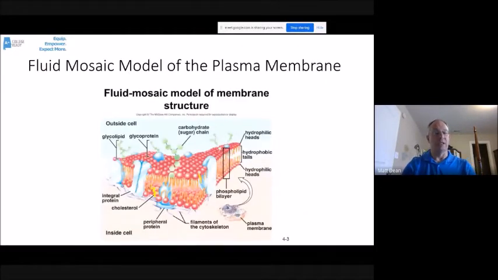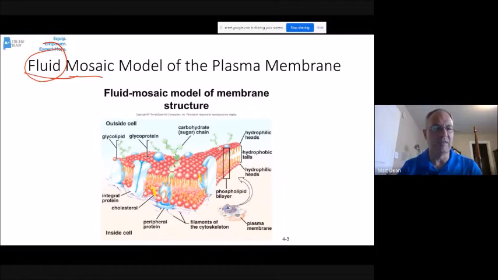Now, there's more to it than just the phospholipids. Our current understanding of the cell membrane is called the fluid mosaic model. Fluid, because these phospholipids are very much like a vegetable oil. They're sort of liquidy. And mosaic, because there's all kinds of things embedded within those phospholipids. Everything you see in this picture that's blue is a protein. So lots of proteins embedded.